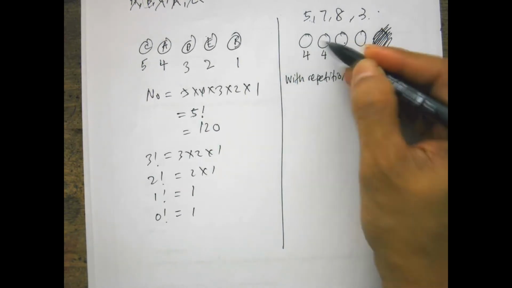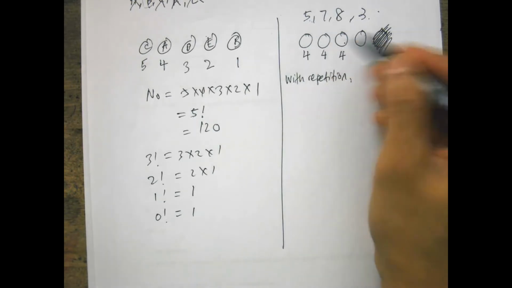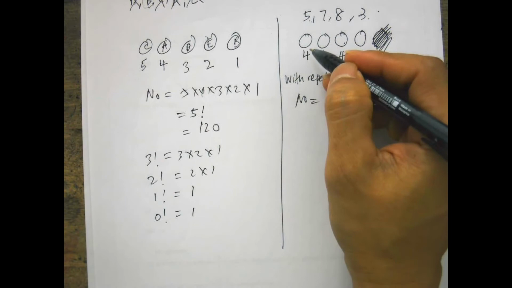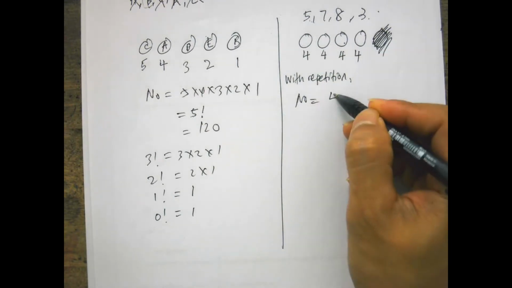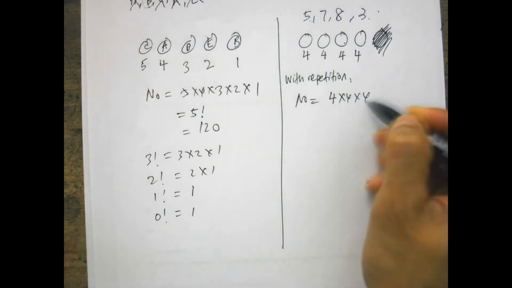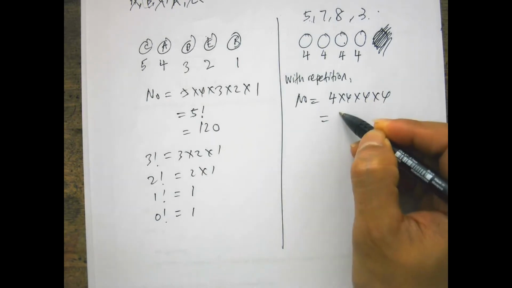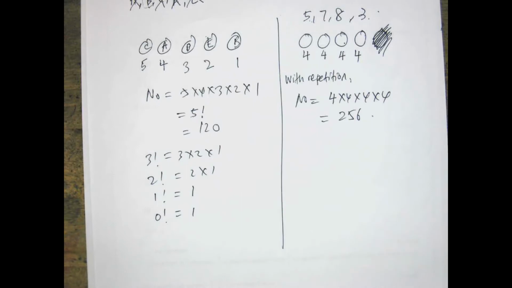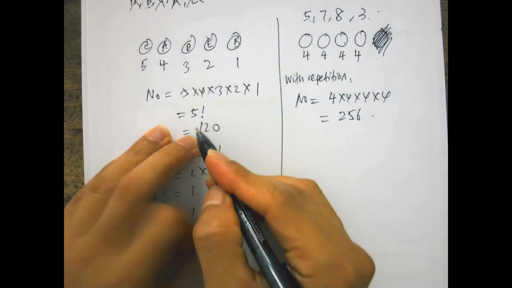I can have 5, 5, 5, 5. I can have 7, 7, 7, 7. So the number of ways to arrange these 4 numbers in a row is actually 4 by 4 by 4 by 4. Now this is not in reducing order. What is 4 by 4 by 4 by 4? 256, right? So if it's with repetition, then the factorial method doesn't apply.